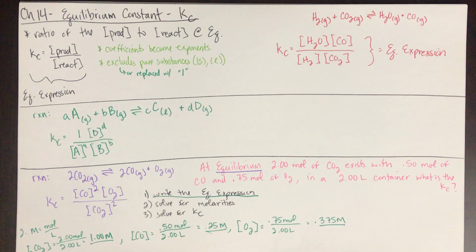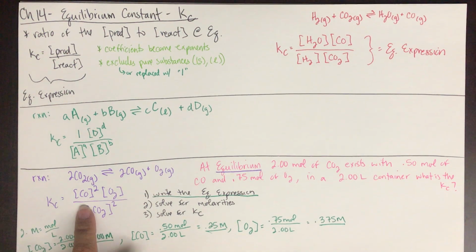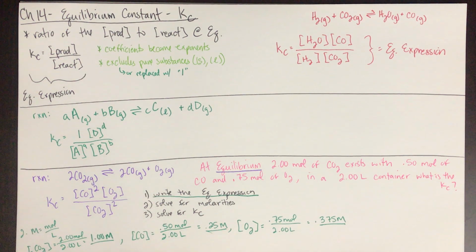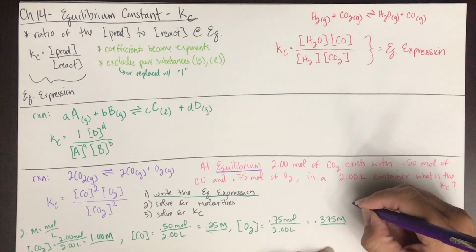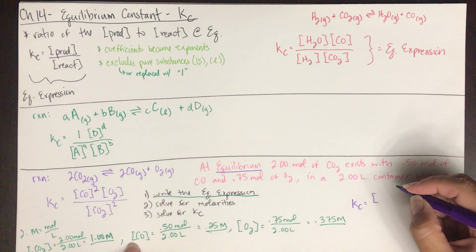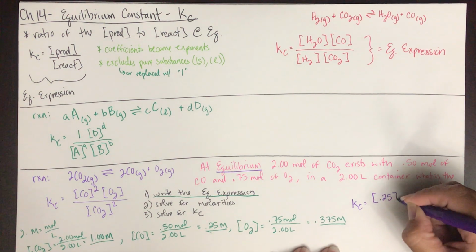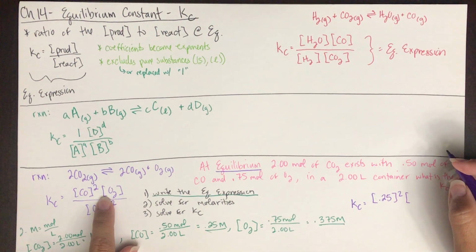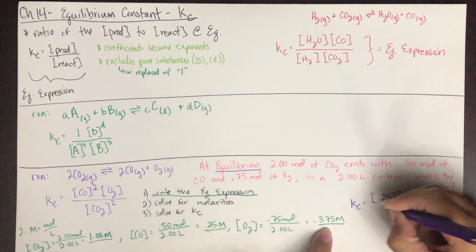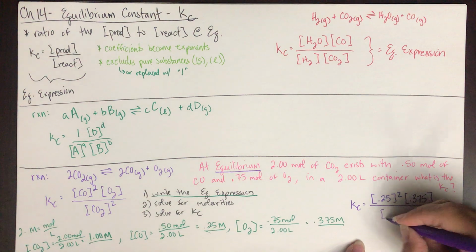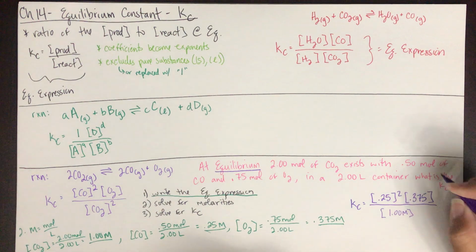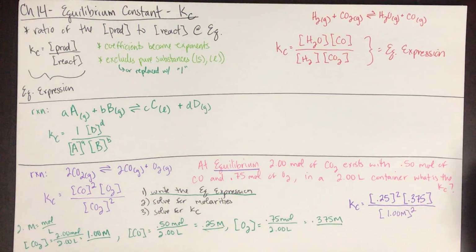Once we're there, now we can solve for the Kc. I'm just going to plug this in, remembering to square the ones that had coefficients of 2. So I'm going to write Kc equals the concentration of carbon monoxide, which we said is 0.25 squared, times the concentration of oxygen, which we said was 0.375, over the concentration of the reactants, which is 1.00 molar, also squared because I had 2 moles of it.